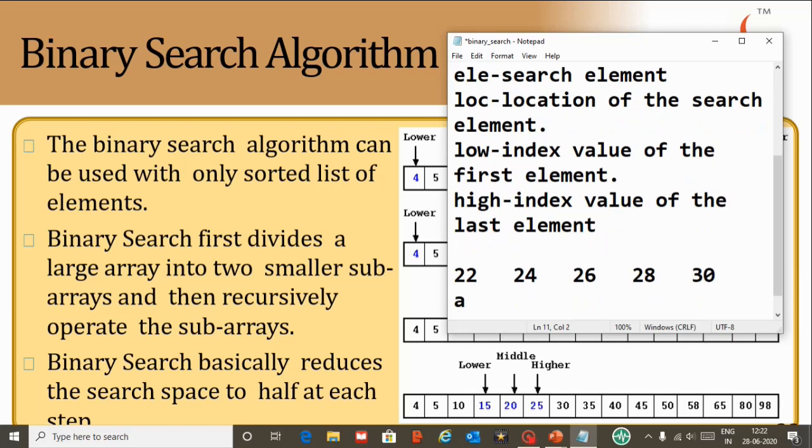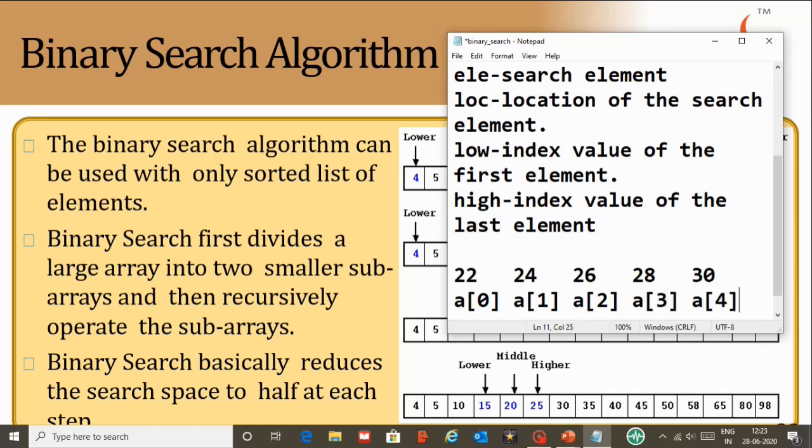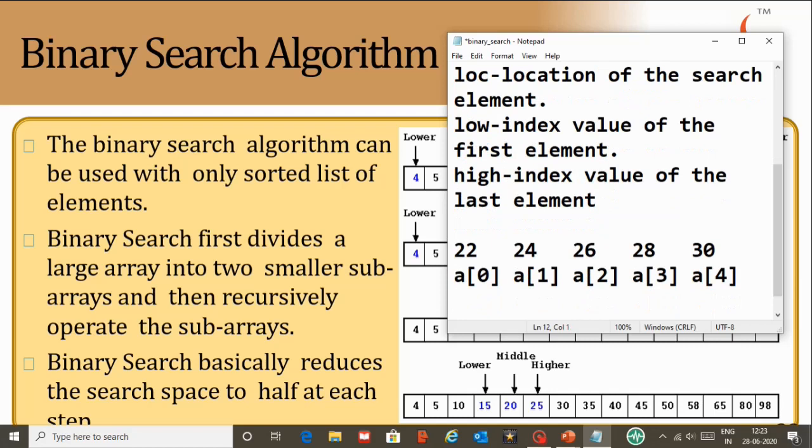So this would be stored in 0th position. The next would be stored in this; this is the index value. So the index value of the elements.